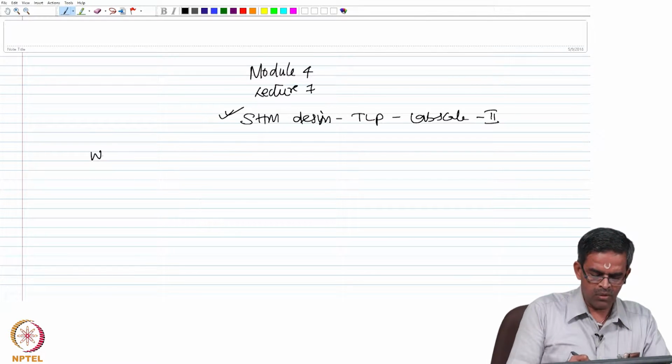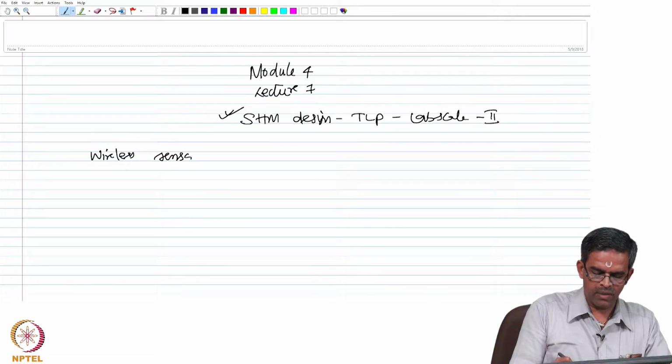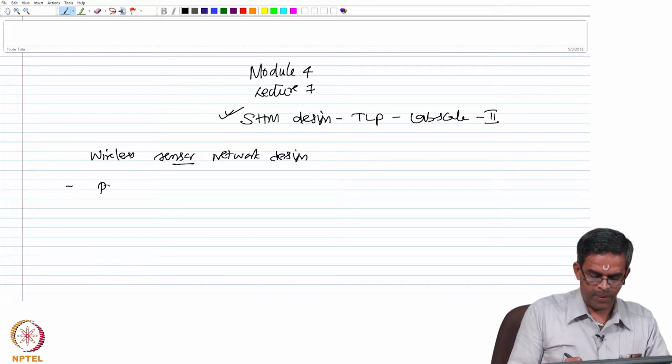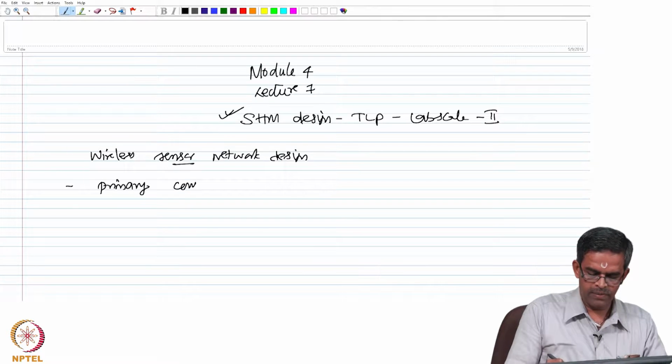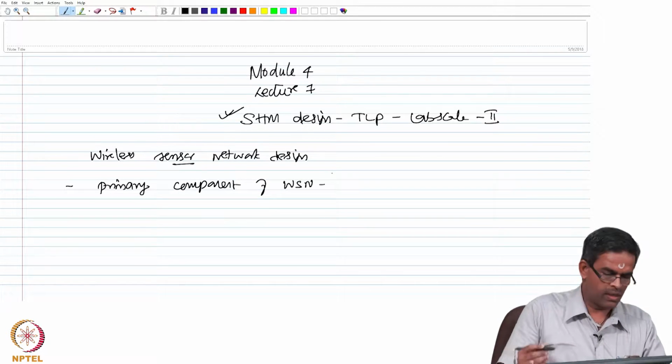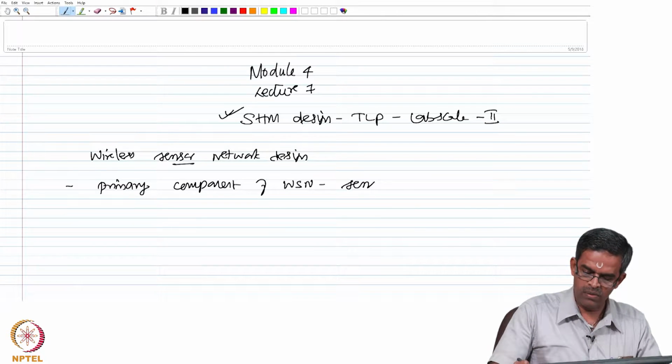We were talking about the wireless sensor networking design. As I said in the last lecture, the primary component of wireless sensor networking is the sensor node.